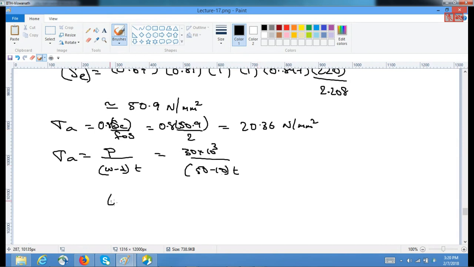On simplification, we get T is equals to 36.84 mm.